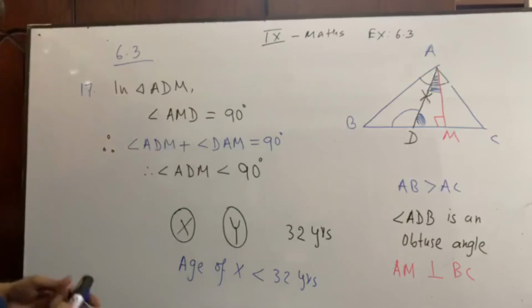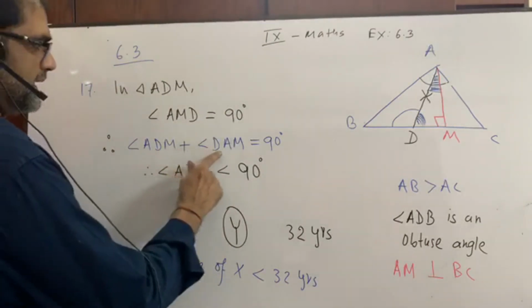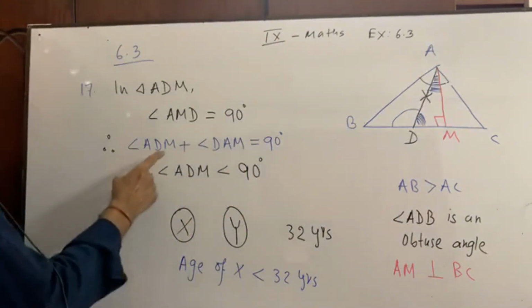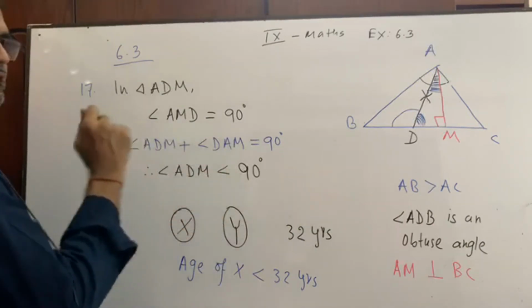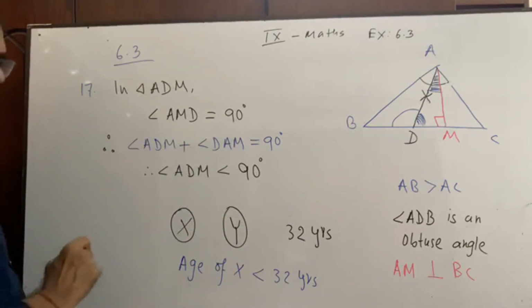For this reason, I have written that the sum of two angles is 90 degrees, so any of them is less than 90 degrees, right? Yes.